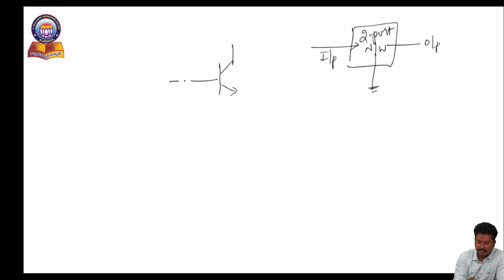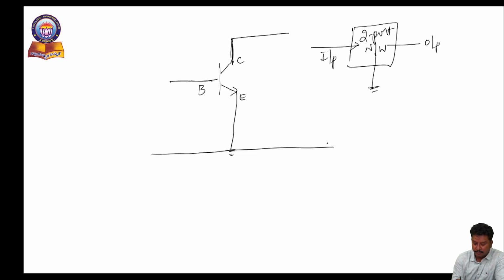So that is the basic condition of 2-port network. One terminal I am giving as input, another terminal I am making as ground, which is common between input and output. The other terminal is taking output. So here the emitter is grounded and I am applying the input to the base. I am taking the output across the collector. That's why I am making the equivalent of a 2-port network.